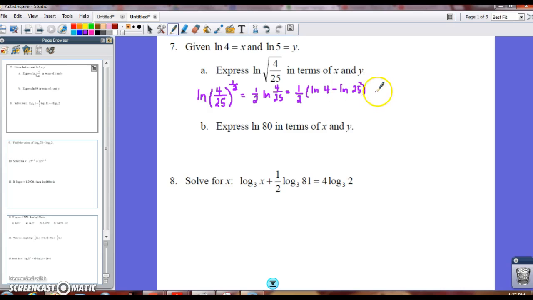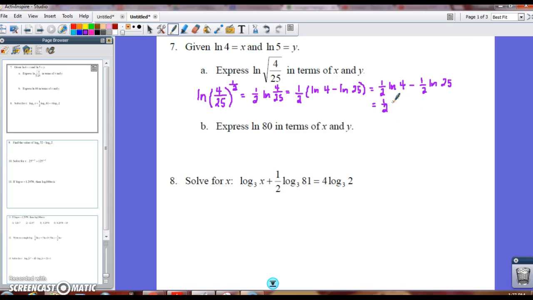Okay, we're not quite done yet because there's a couple of other things we can do here. I can rewrite this as 1/2 ln of 4 minus 1/2 ln of 25. All I did was distribute that 1/2.